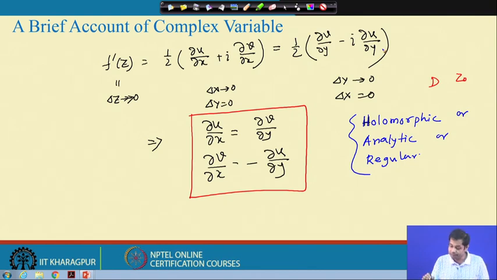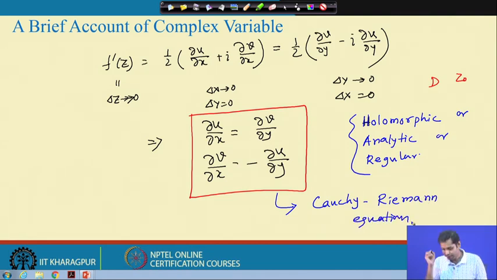This condition is called the Cauchy-Riemann equation. So, for an analytic, holomorphic or regular function, the Cauchy-Riemann equations are valid at every point in the domain.